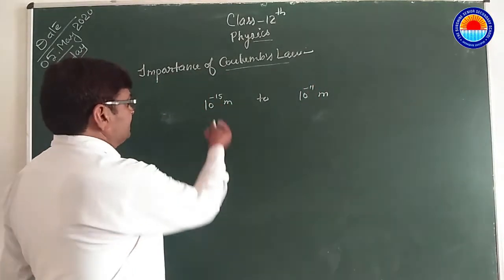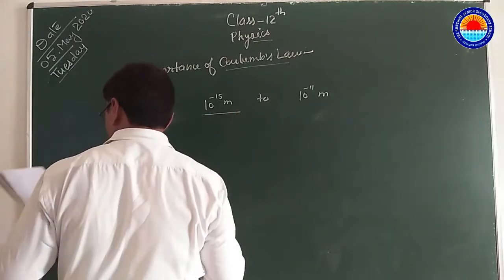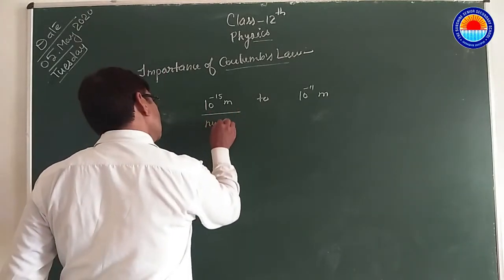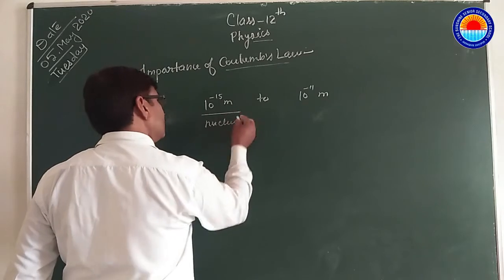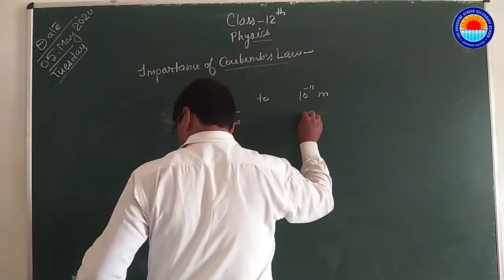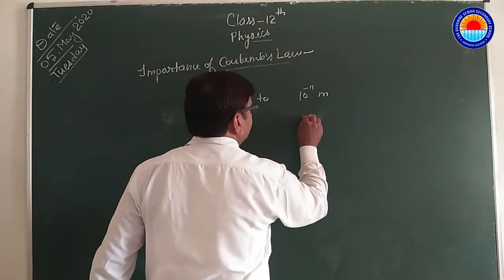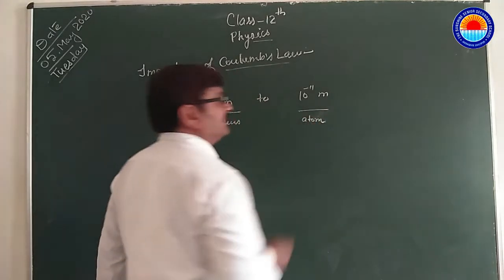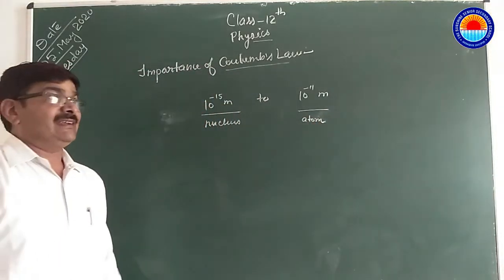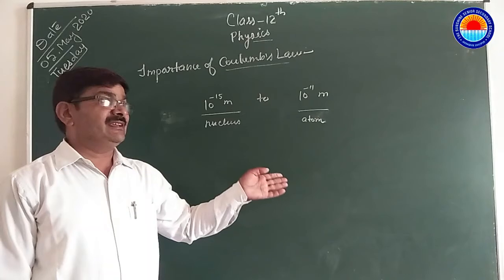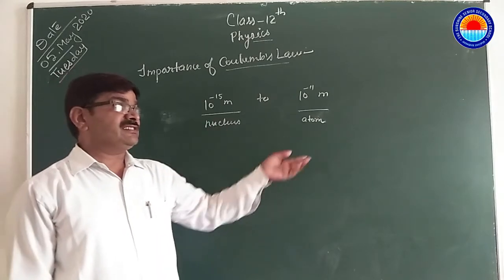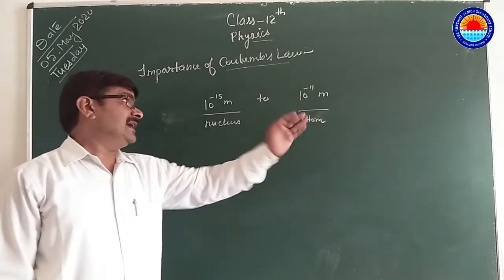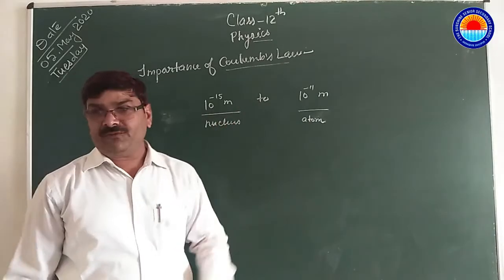This distance is the size of the nucleus and this is the size of the atom. You know that the atom is the smallest particle of any substance. That means it is applicable for the smallest distances, atoms as well as nuclei.